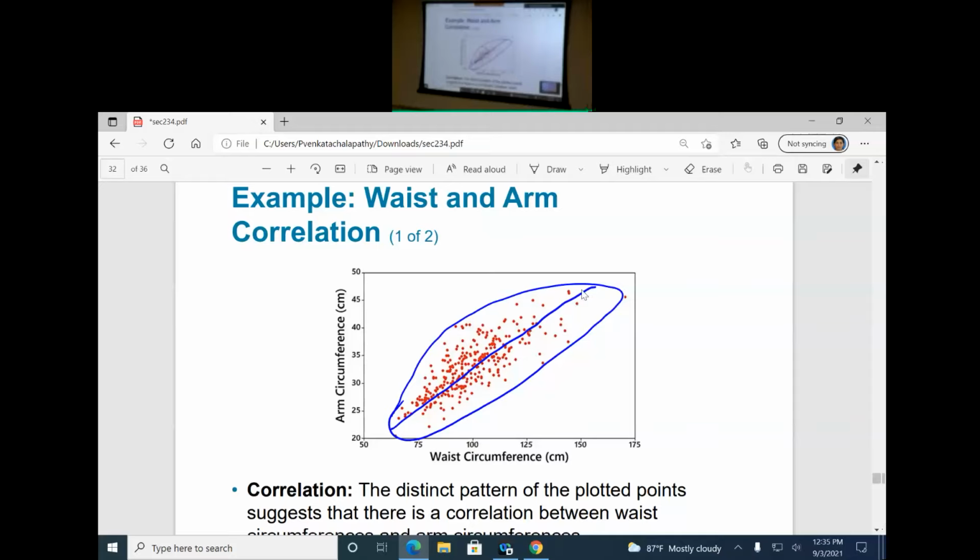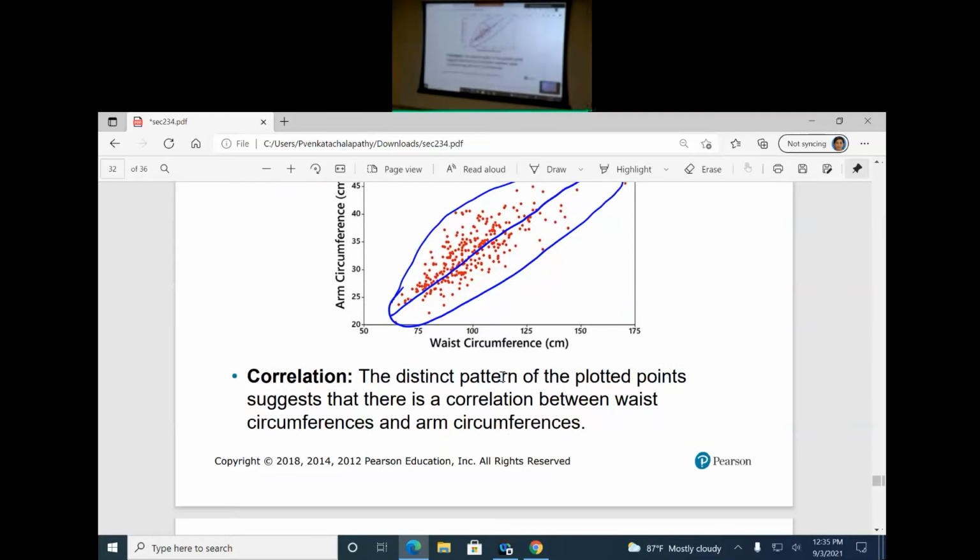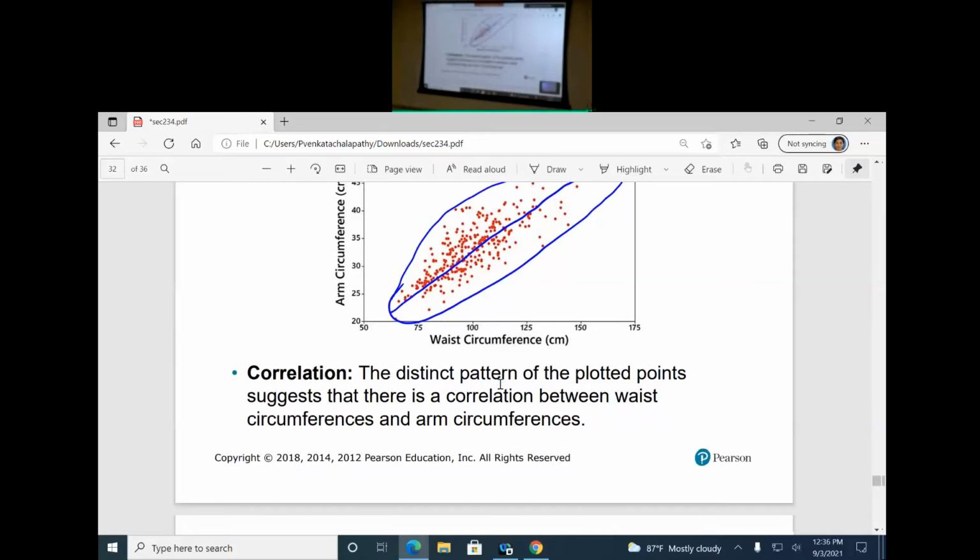If you draw a straight line here, all the data are close to the line. So yes, we have a correlation here, because it follows a straight line.